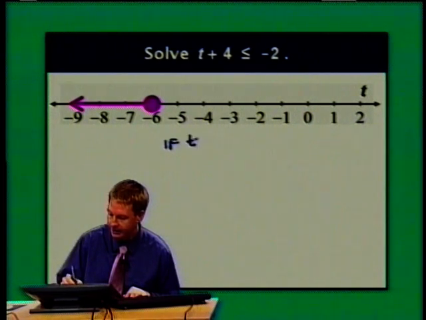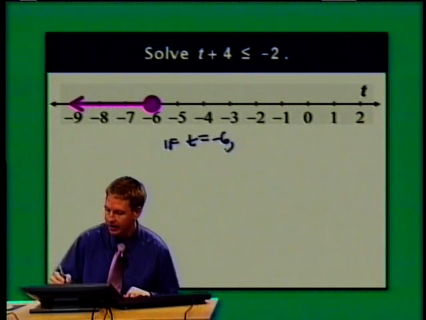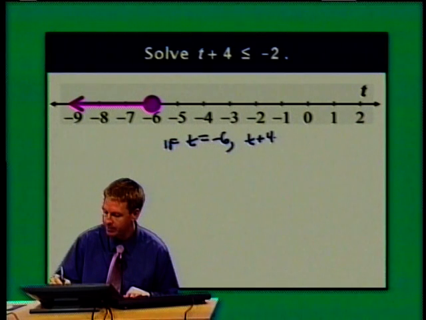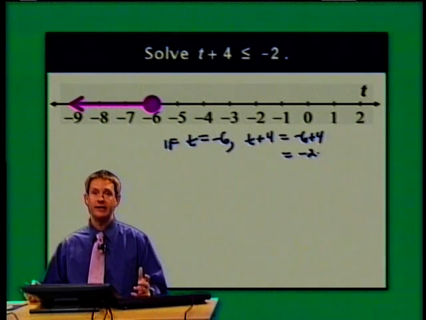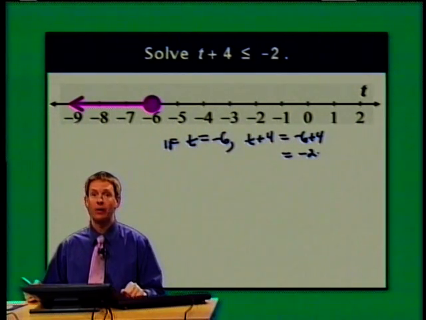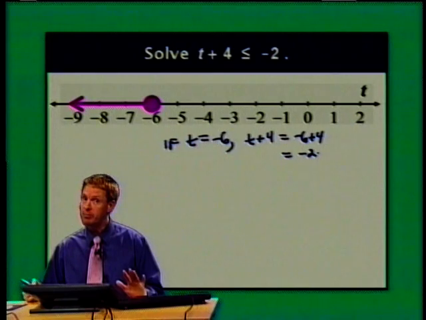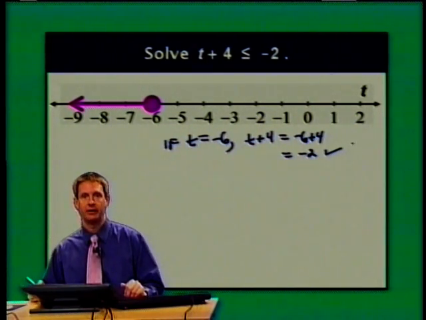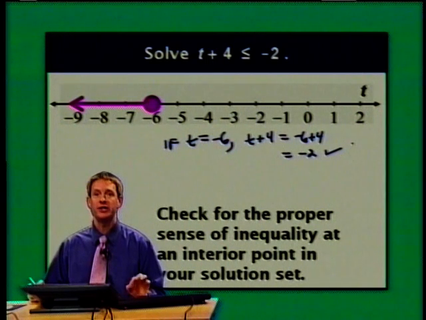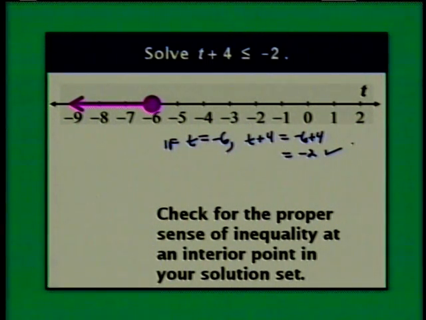If t equals negative 6, our variable expression t plus 4 evaluates to negative 6 plus 4, which is negative 2. When t is negative 6, the two sides of the inequality are equal. That's what's supposed to happen at the endpoint of the interval. So that's a check.